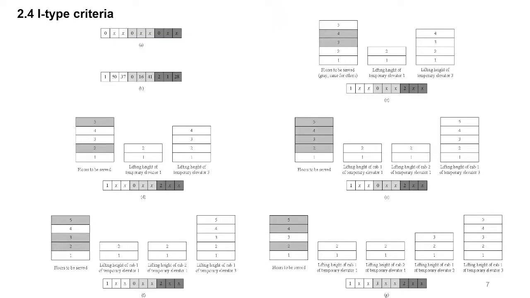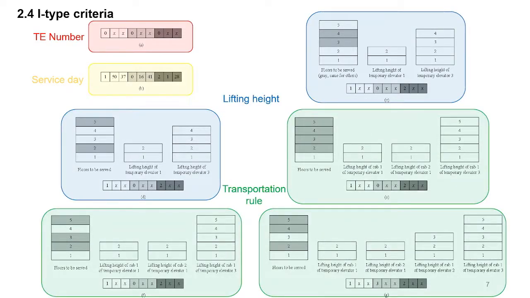To exclude inherently infeasible one-type and two-type chromosomes, the one-type and the two-type criteria are formulated respectively. The one-type criteria are divided into 4 categories, namely temporary elevator number, service day, lifting height, and transportation rule. For example, the category service day means that a service day is covered by at least one available temporary elevator.